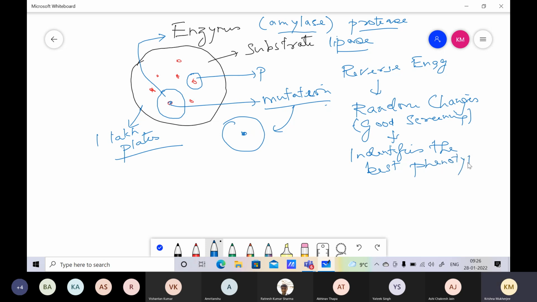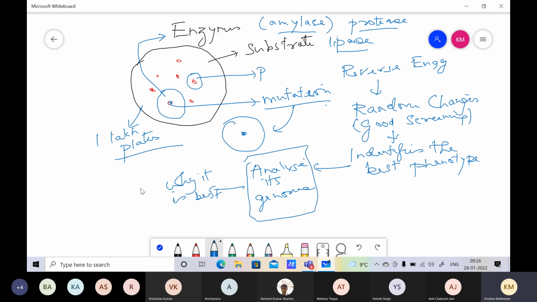Then you take this phenotype and analyze its genome, and by the analysis of the genome you identify why it is best. Obviously there are many factors in this genome.